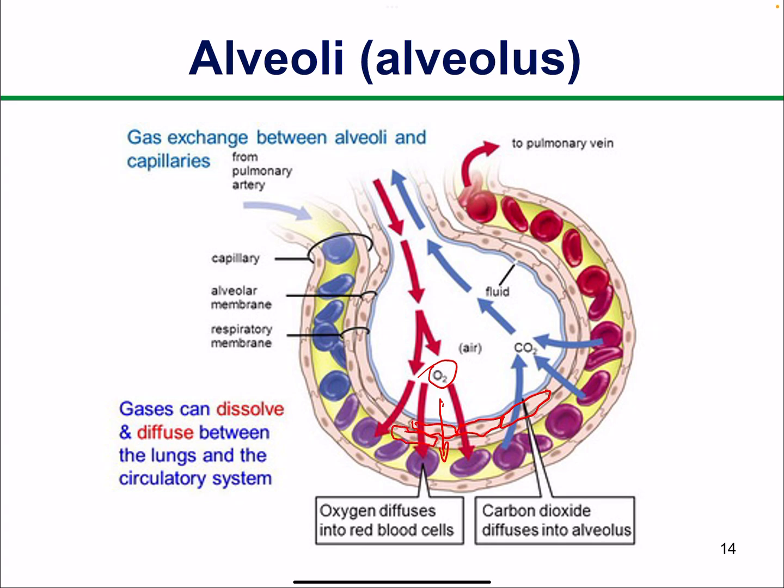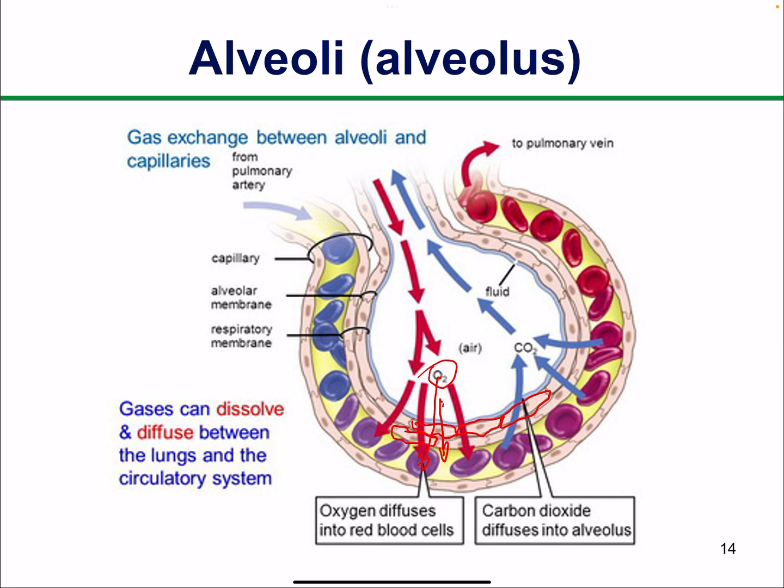So that oxygen is going to diffuse easily from alveoli to the blood, so that the blood cells are now going to be loaded with oxygen, right?